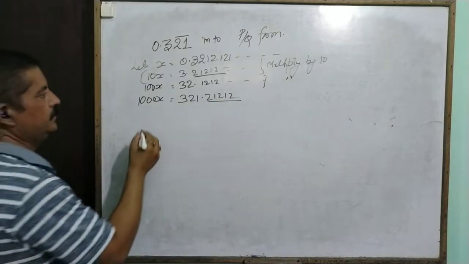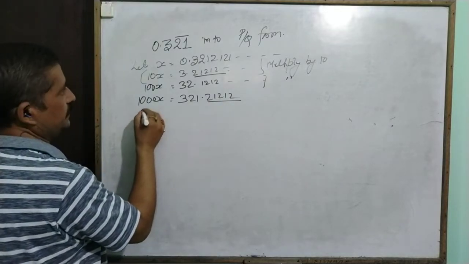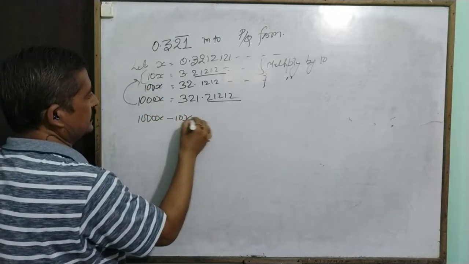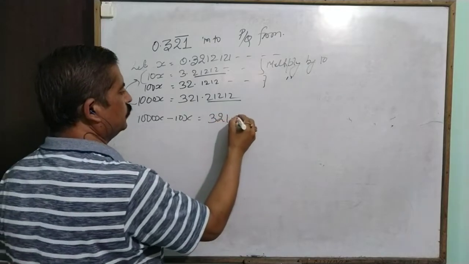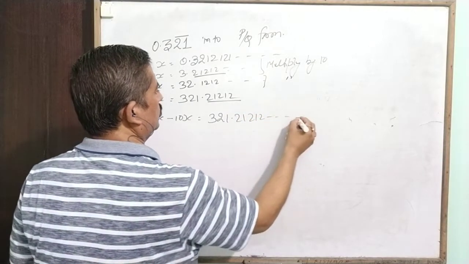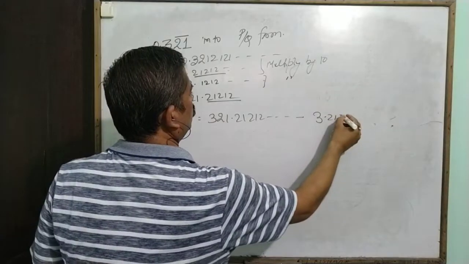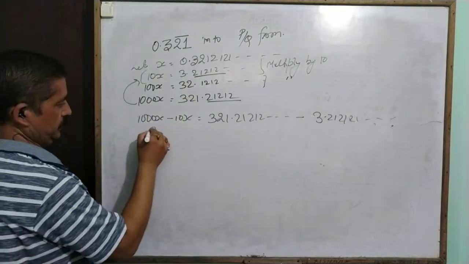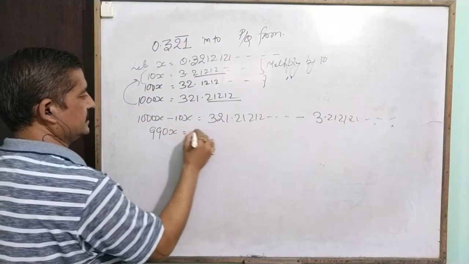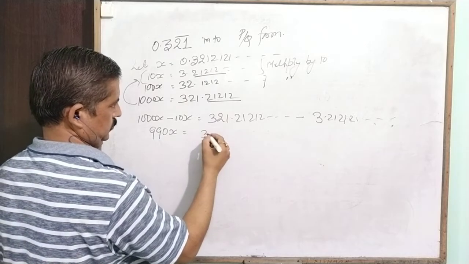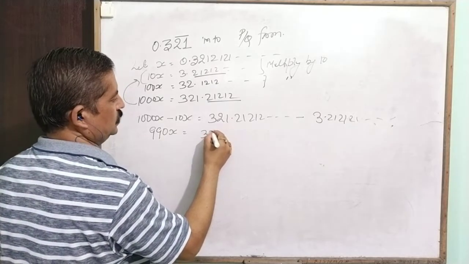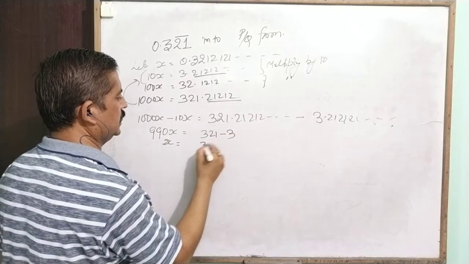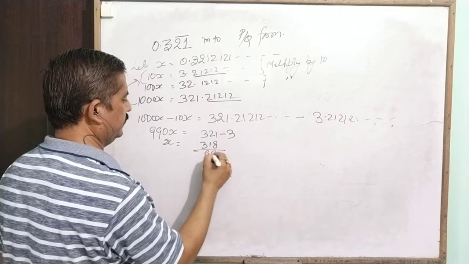Then we subtract: 1000x minus 10x equals 321.2121 minus 3.212121. So 990x equals 321 minus 3, so x equals 318 divided by 990.